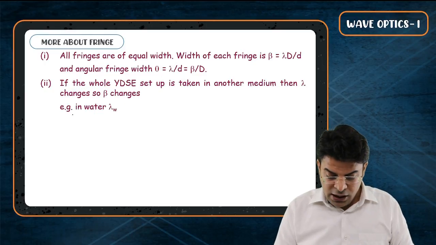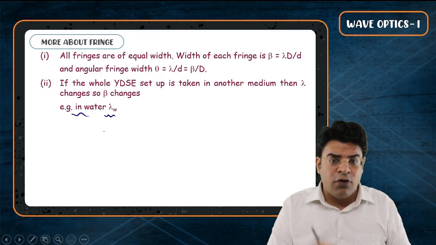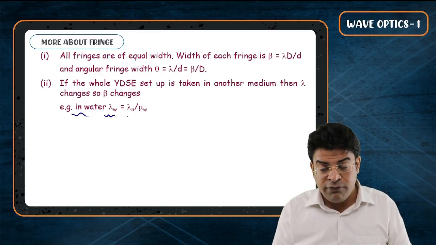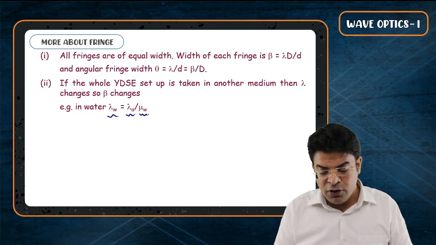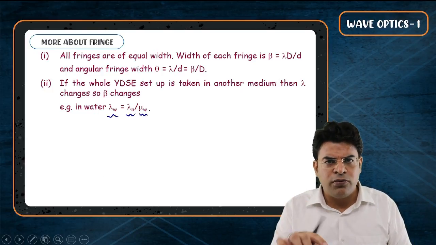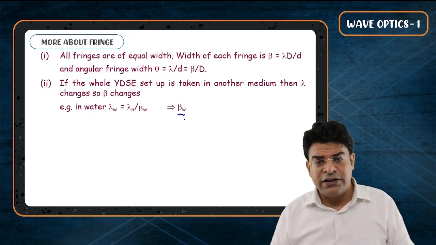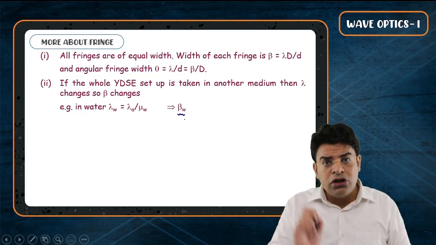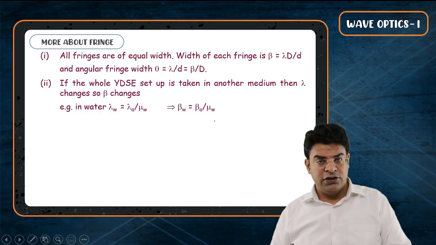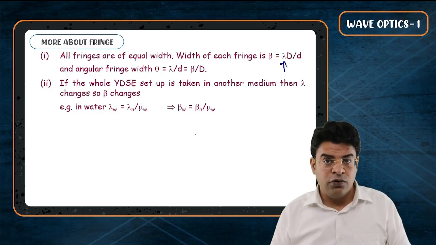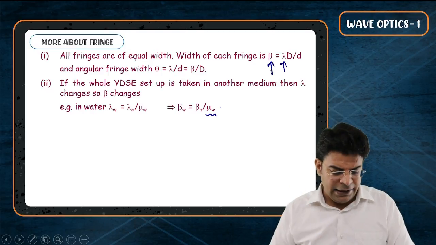For example, in the case of water, the wavelength inside water is 3/4 of the wavelength in air. So the wavelength inside water is the wavelength in air upon the refractive index of water, that is 4 by 3. So you get 3 by 4 into the wavelength in air. And the fringe width inside water is also equal to the fringe width in air divided by the refractive index of water. As lambda becomes 3/4, the fringe width becomes 3/4. Here just substitute 4 by 3 and you will get the idea.